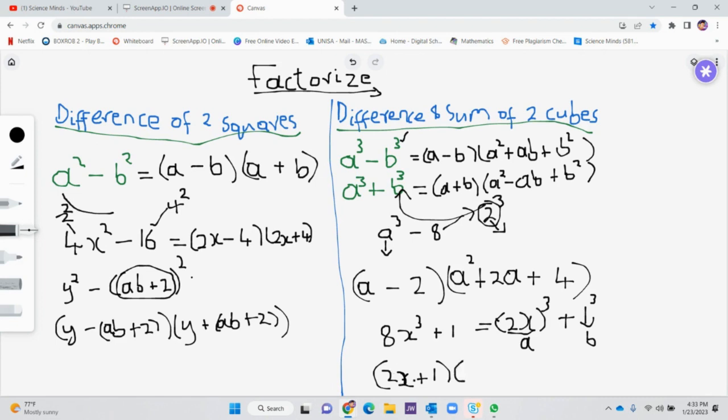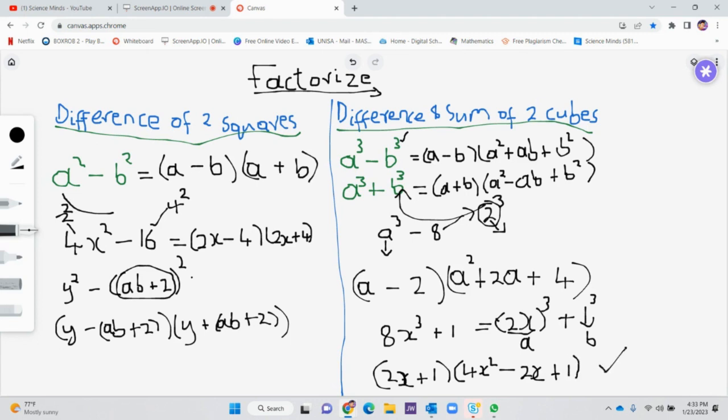A is 2x. 2x squared will be 4x squared. Then we have a minus a times b. This is 2x times 1, which is 2x. And lastly, plus our b squared. B is 1. 1 squared is 1.